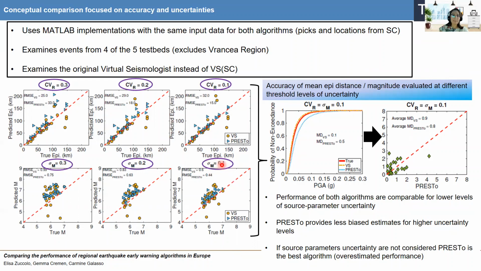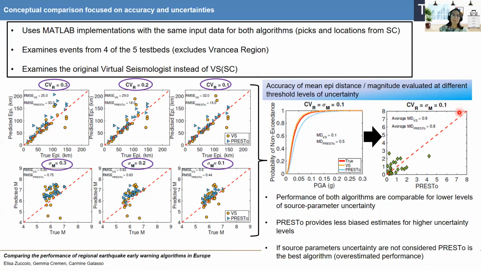We then translated these estimates into ground shaking prediction distributions using ground motion models, also propagating the uncertainty on the source parameter estimates. We measured the MD metric across each of the events of interest, and a summary of this is shown in this picture for one particular level of uncertainty of the source parameter estimates, which shows, in this case, comparable performance between PRESTo and Virtual Seismologist.